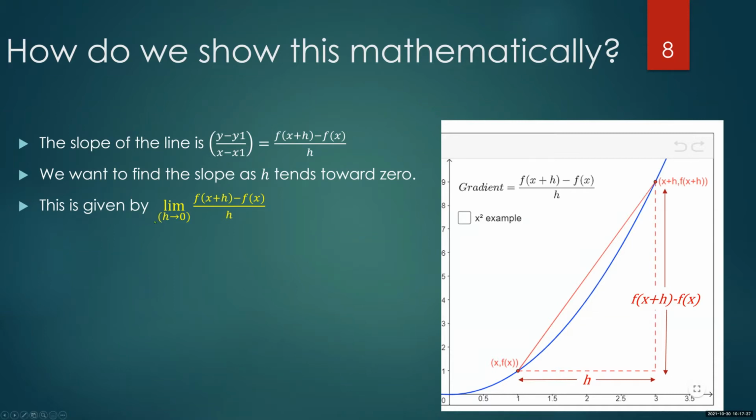It's the limit as h goes to 0 of f of x plus h minus f of x all over h. And this is why limits are important. It's a crucial part of the differentiation process. And so the animation link that I just mentioned, that's the animation that I've just shown you.